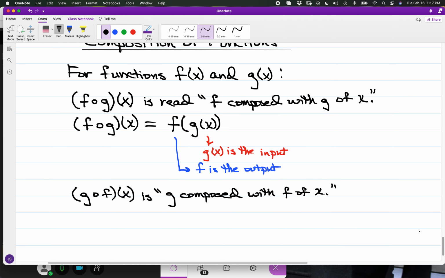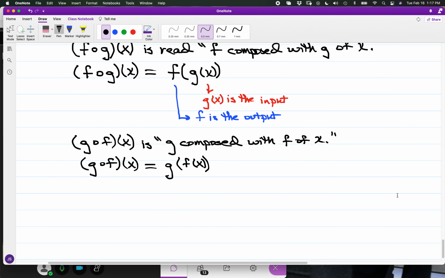And just for what you have initially, g composed with f of x. You have between g and f, one is going to end up as the input, and the other part is going to be the output.